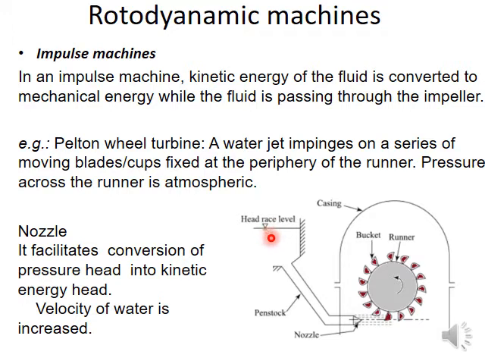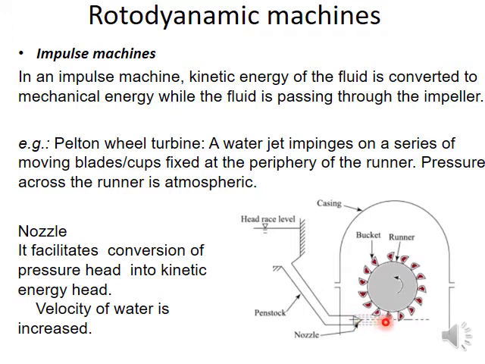And when this water is brought to this level, the energy is converted to kinetic energy. So the velocity at this nozzle, which has a small opening, is very high. So there is a lot of kinetic energy contained by the fluid.